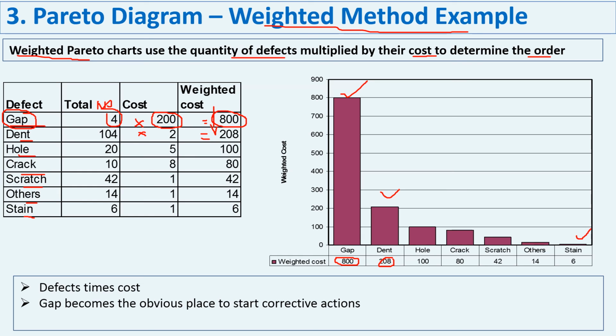Gap costs more than all the others put together: 800 is equal to all the other costs. That's why we work first on the gap, to resolve this problem by using corrective action. So corrective action starts first on the gap.